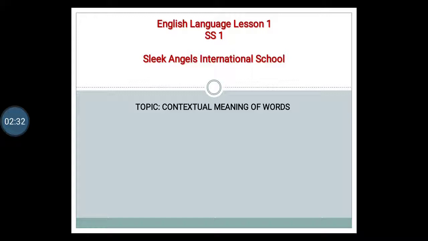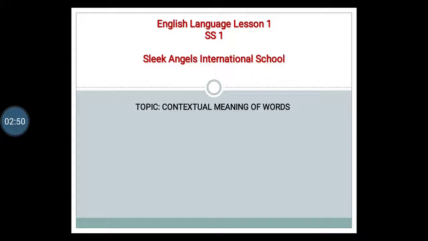Today, our topic is contextual meaning of words. What do we mean by contextual meaning of words? Well, as an English student, you get to read comprehension passages a lot.